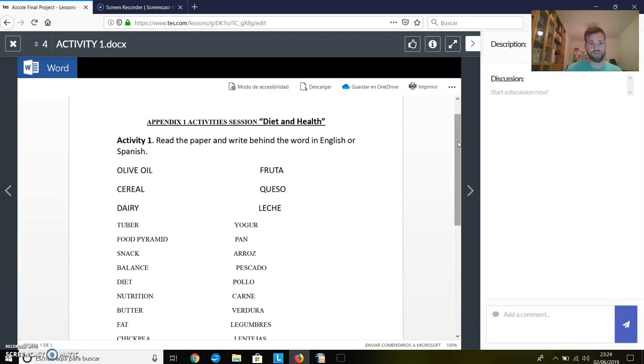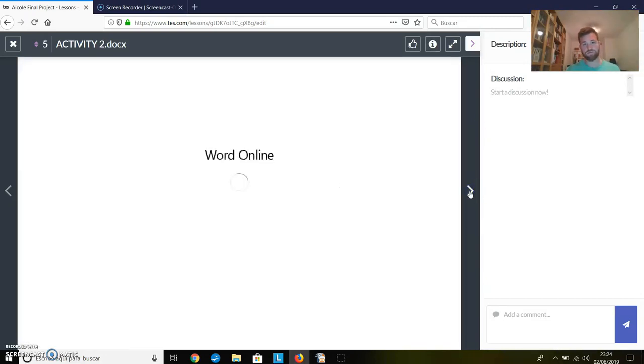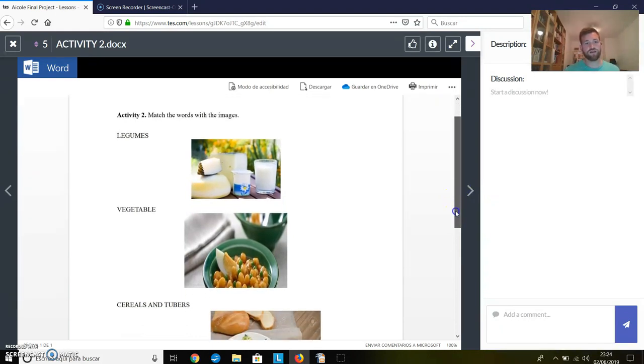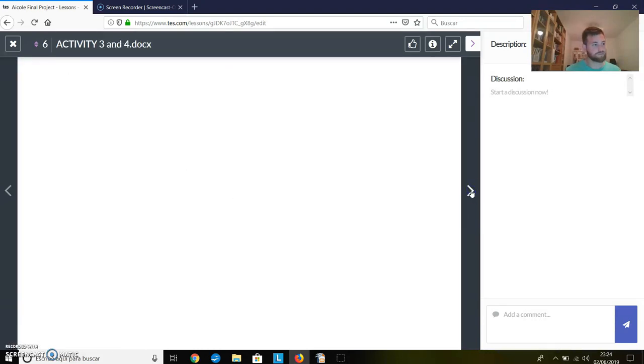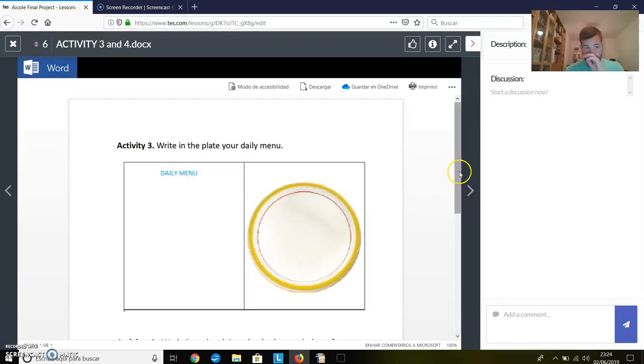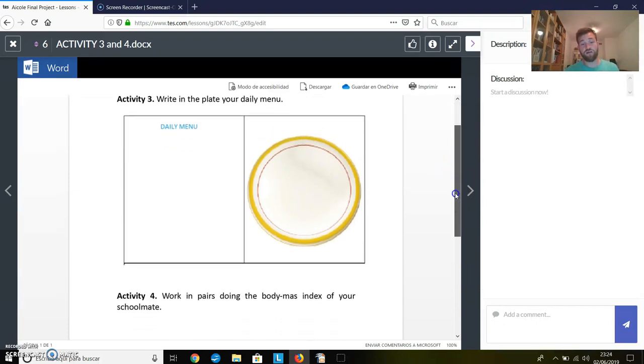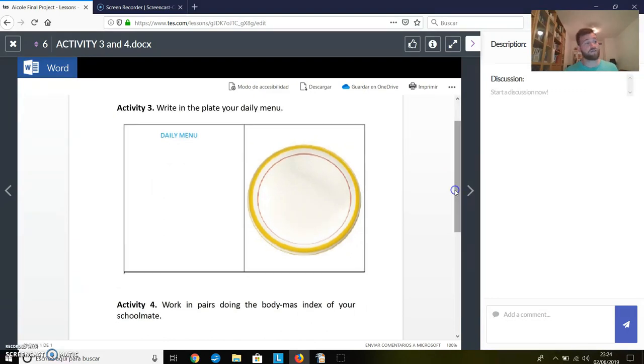This is the first activity. In the second activity, they have to match the words with the image. In activity number 3, they have this drawing, and they have to write the daily menu that they use.